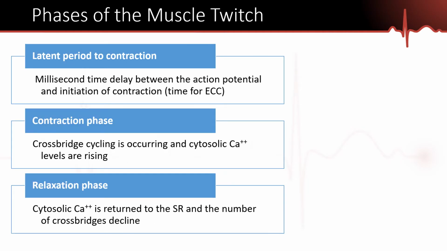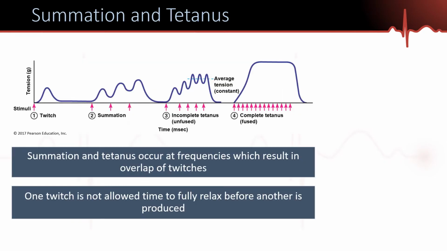This is just text form of the different phases of the twitch that we went through. And this brings us to the discussion of what's called twitch, summation, and tetanus. It's looking at how an individual skeletal muscle fiber is capable of generating more and ultimately peak force.